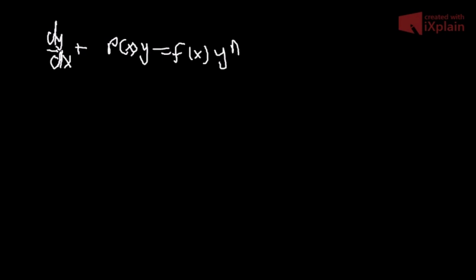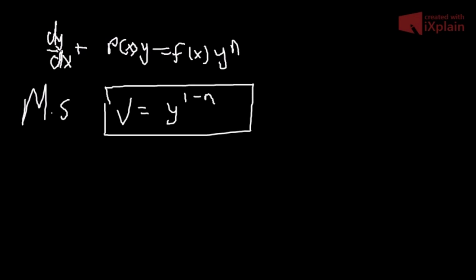First thing first, in the method of solution, we need to substitute v equals y to the power 1 minus n, right? So this is what we're going to substitute when we're trying to convert from Bernoulli to linear.